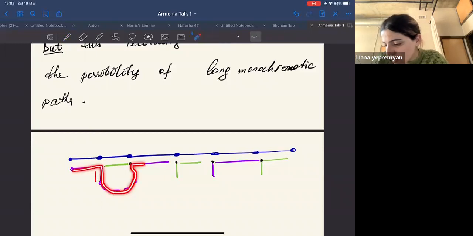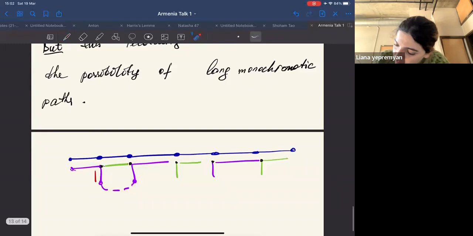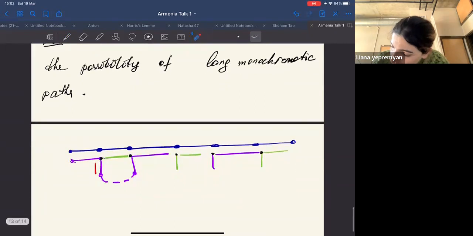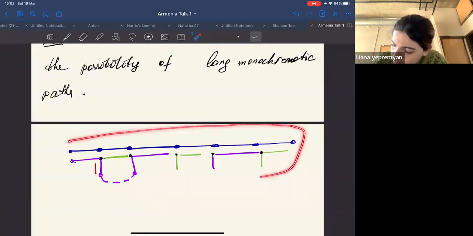So this might be the same path, which means that the event of this edge being blue and this edge being blue is not independent, because they both came from flipping the same path. However, all of our paths were short, of length at most 5, which means that if I have such a long path, I will be able to collect a large proportion of blue edges whose events were independent.